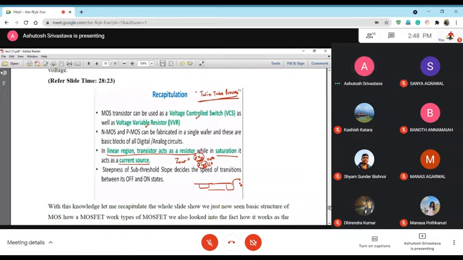So we neglect the linear region in which the transistor acts as a resistor, while in saturation it acts as a current source. So for digital application, we will be choosing the off state and the on state as a constant current source.